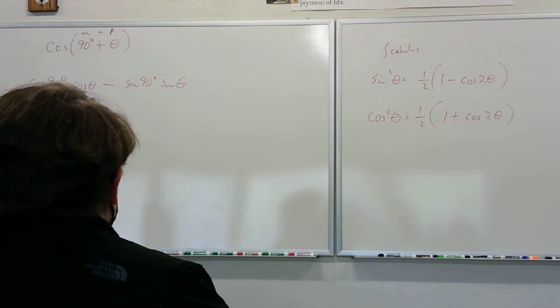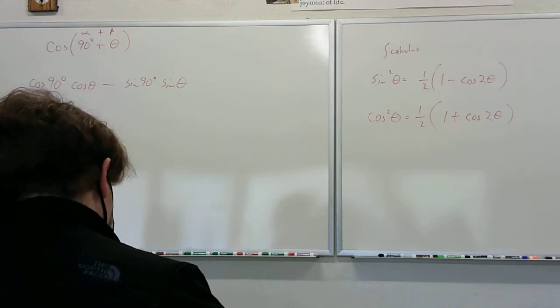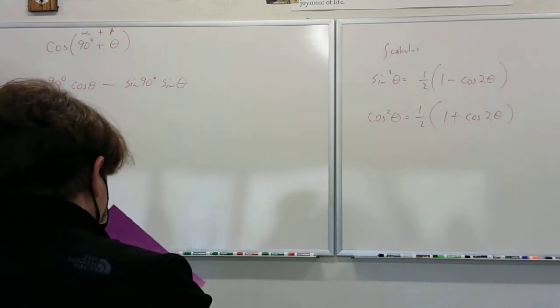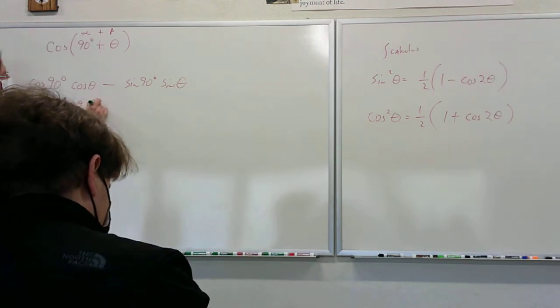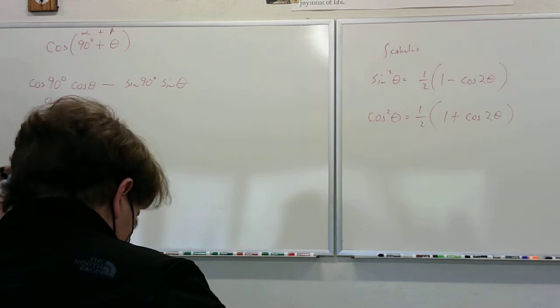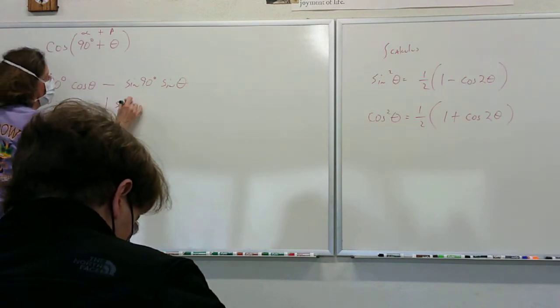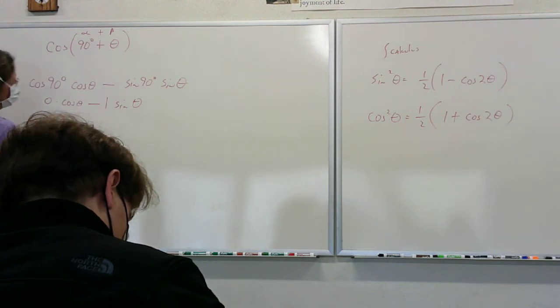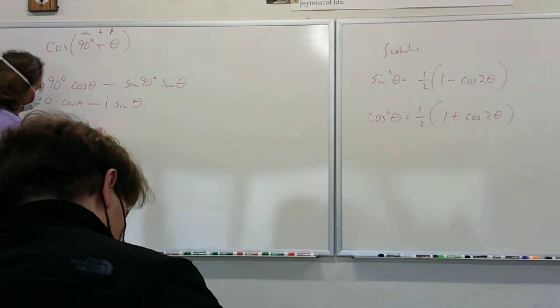And the wonderful thing about this is, what is the cosine of 90 degrees on your unit circle? 0. So 0 times cosine theta minus, what's the sine of 90 degrees? 1. Sine theta. So that becomes 0, and you get negative sine theta.